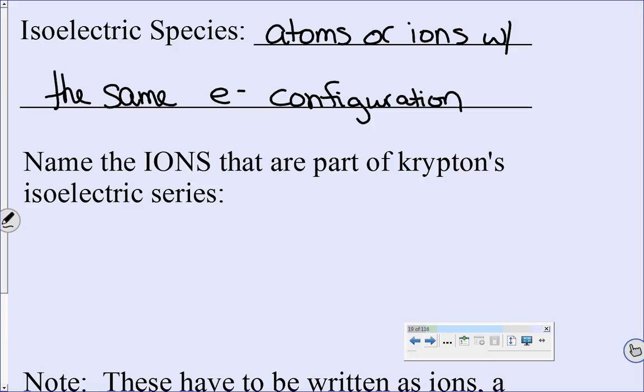As an example, if you look at krypton on the periodic table, in order to figure out who is isoelectronic with krypton, we want to figure out who would have the same configuration when they have gained or lost electrons. So we're specifically looking at ions here, and we need to write them with their charges, because that's when they become isoelectronic.